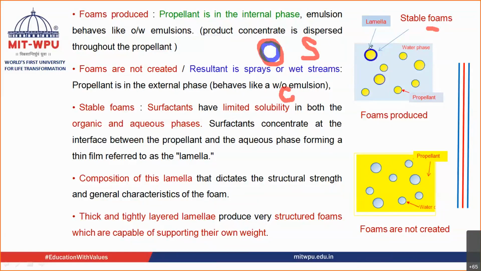Whereas if the lamina is tight and thick, then you are going to get a stable foam. Now the thickness of the lamina and the tightness of the lamina depend upon the surfactants you have used.